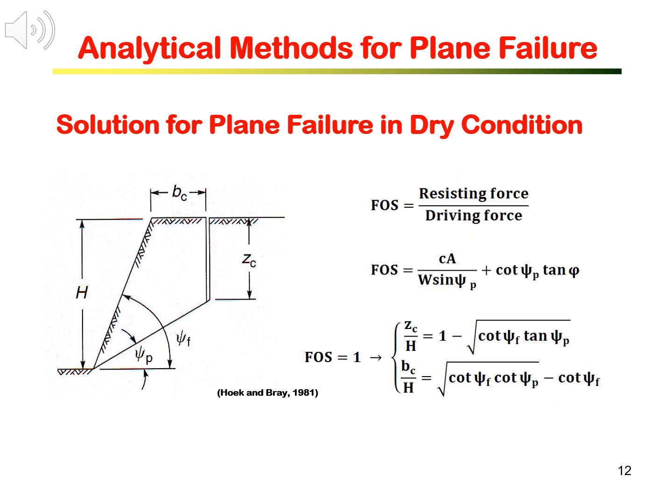When the rock mass is dry, there is no longer any water pressure involved, and hence the equations for the solutions for plane failure in dry condition is much simpler than that in the wet condition on the last slide.